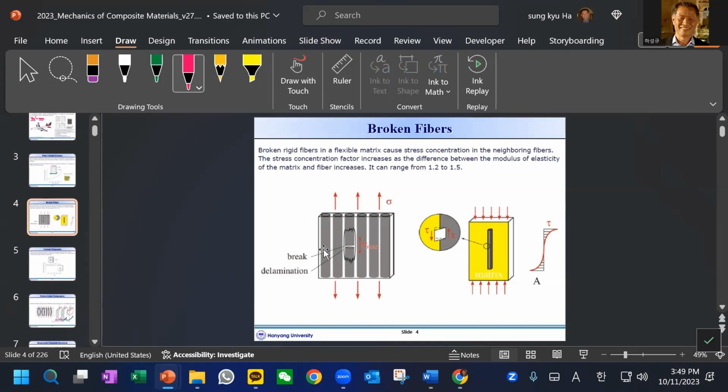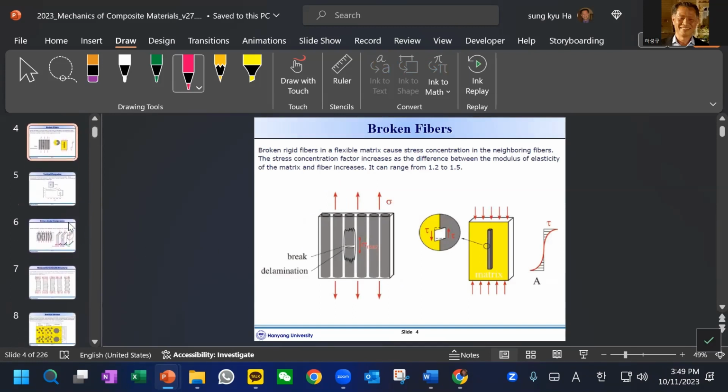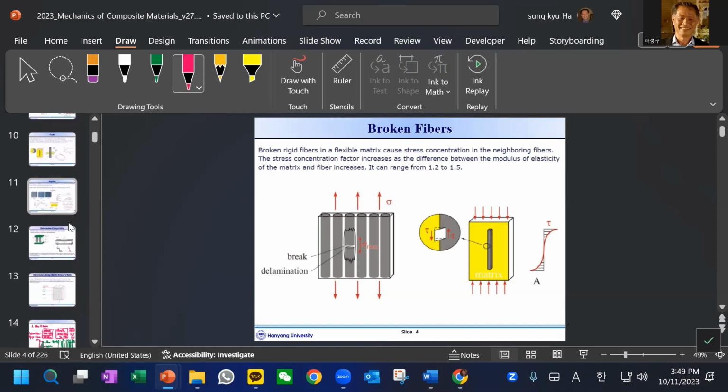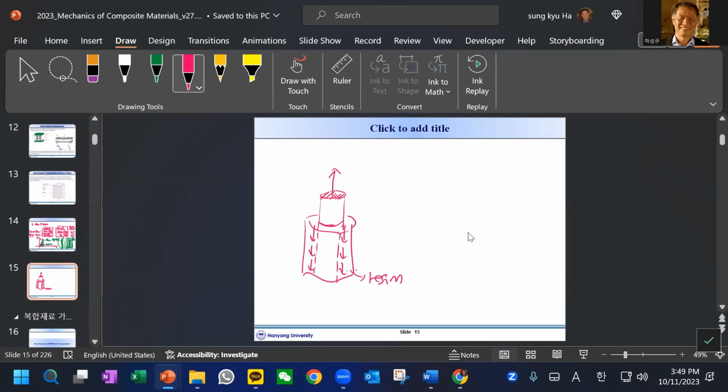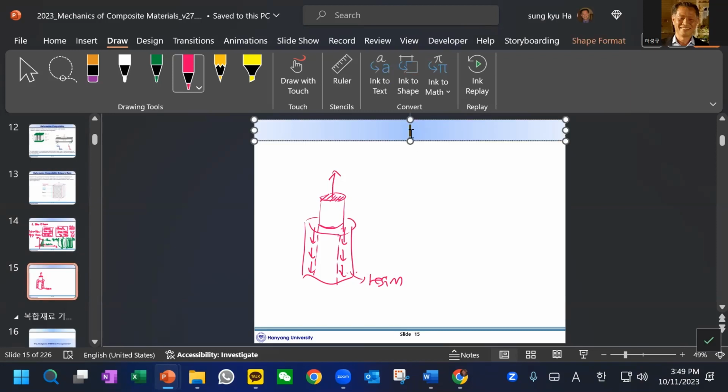Okay, if it's broken, then how can this weak resin carry the load in composites?